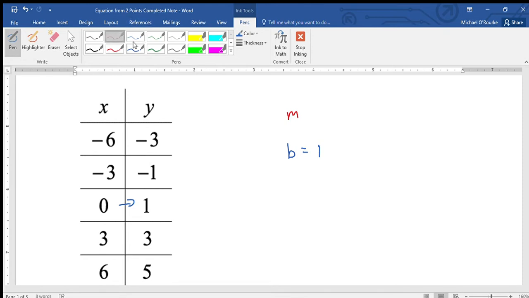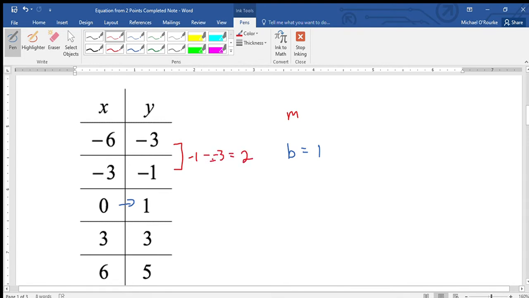And then for slope, or rise over run, or rate of change, -1 minus -3 equals 2, because these end up in a positive. And this is -3 minus -6, which equals 3, because this ends up in a positive. So we know that this is rise over run. So it's 2 over 3.